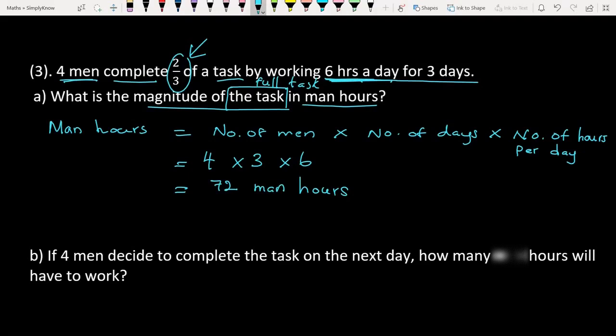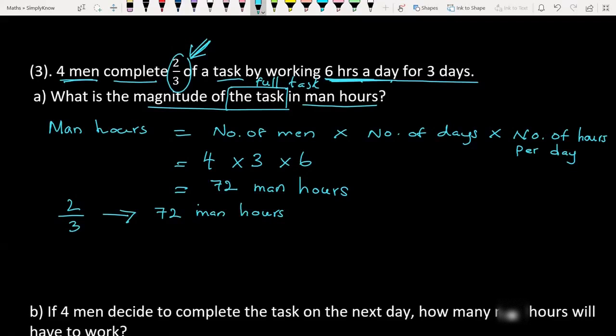Now is this our answer? No. This 72 man hours represent 2/3 of the work. So let's write it. 2/3 of the work is completed by 72 man hours. Then what about the full task? Full task means 3/3. So out of 3 parts, 2 parts represents 72 man hours.